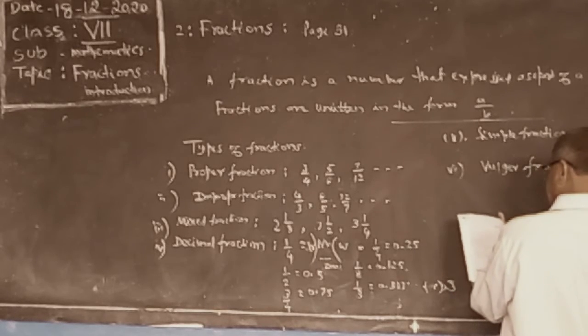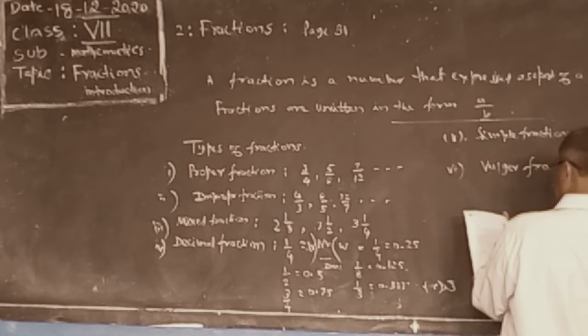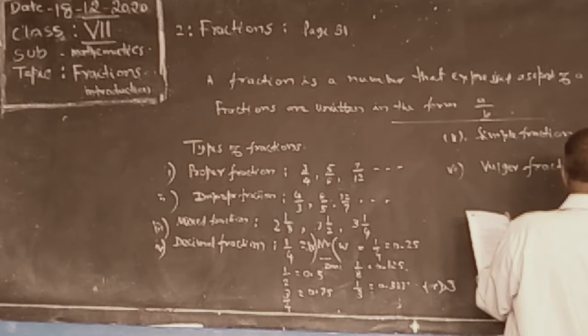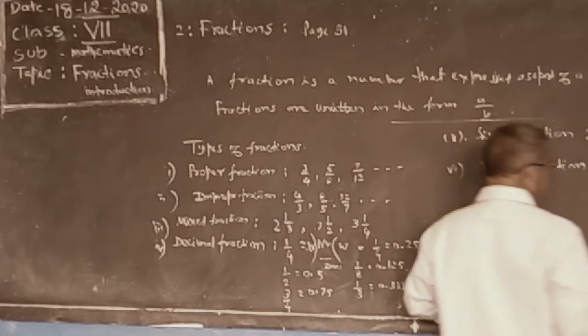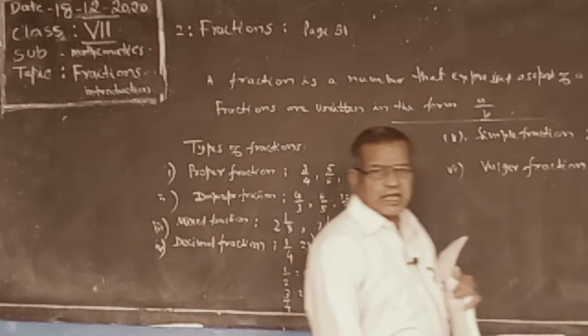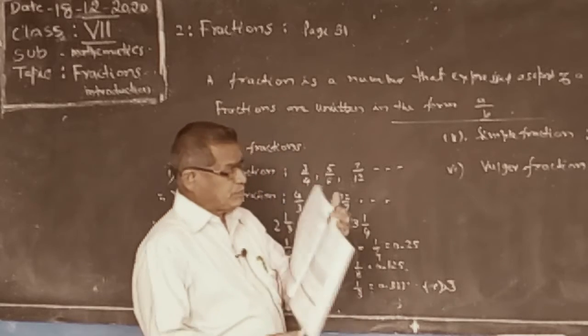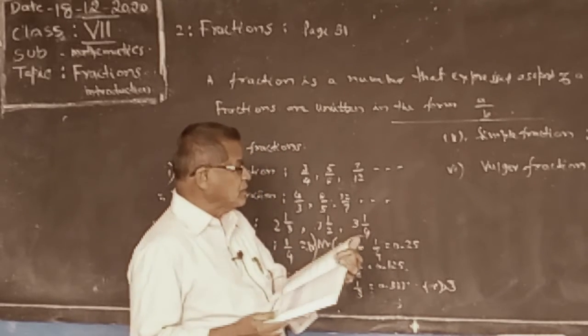We are not getting them in decimals. Example 5 by 31 and 41 by 999, like this. Their denominators are not written as powers of 10.